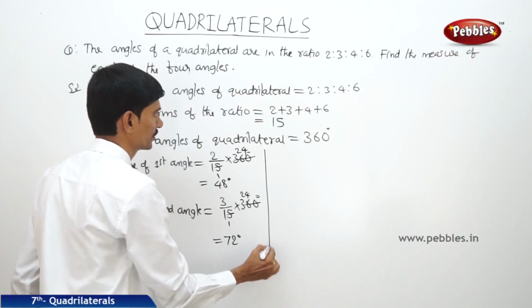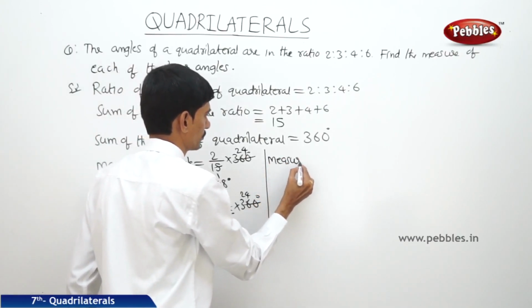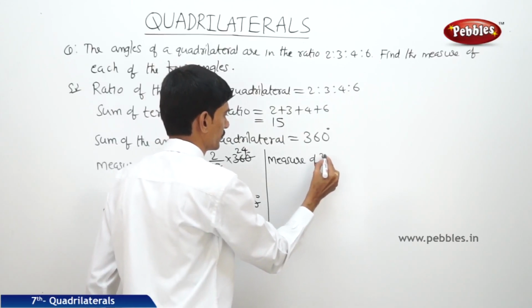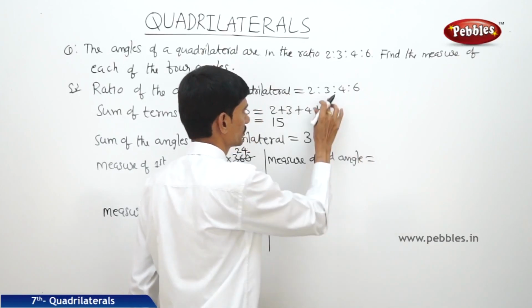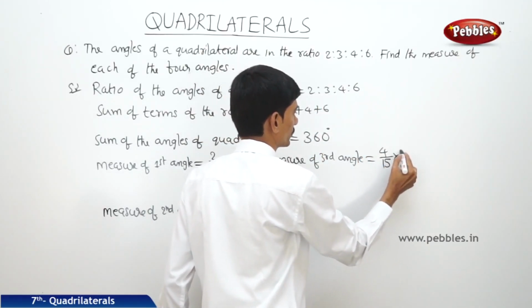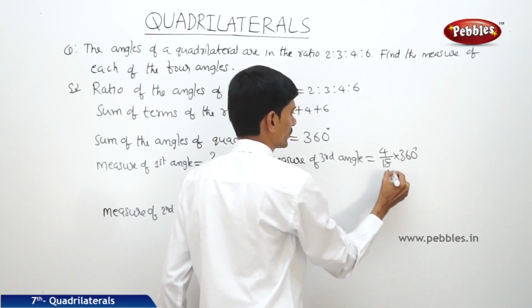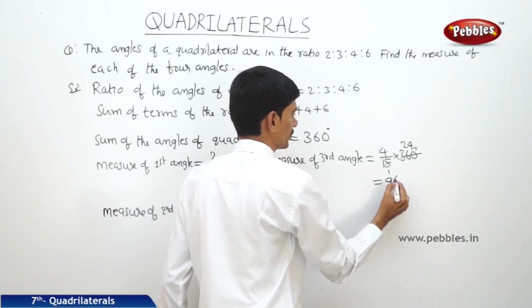Now the measure of the third angle equals the third term in the ratio, 4, by 15 into 360 degrees. 15 1s are 15, 24 4s are 96 degrees.